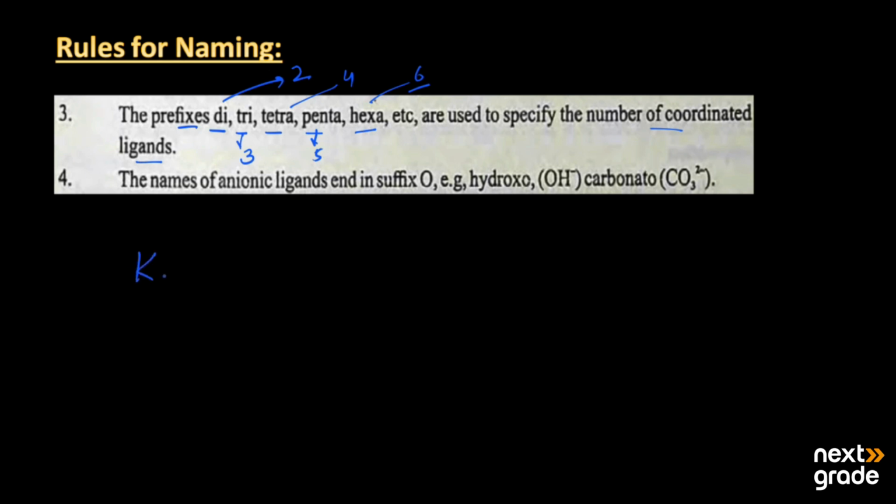Likewise, if we have the compound potassium iron cyanide, here we have six cyanide groups, so we will take hexacyanide or hexacyano. Both can be used, but we have to use these prefixes that show the total number of coordinated ligands, or its coordination number.